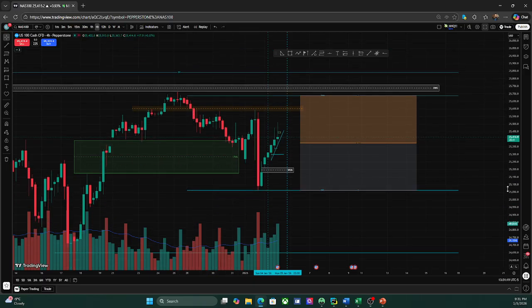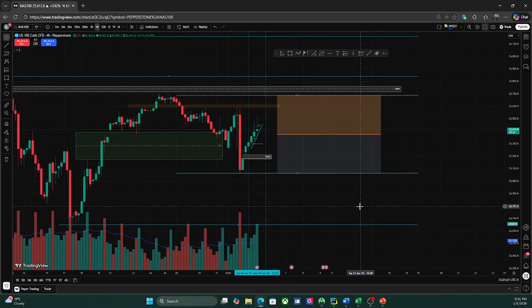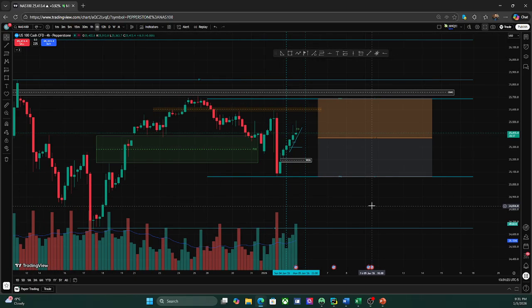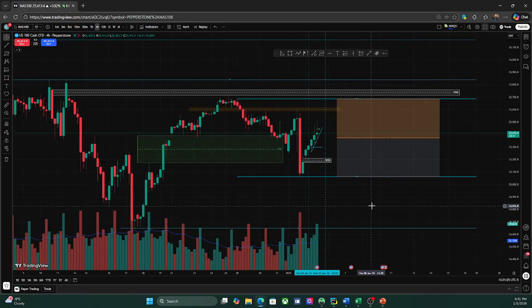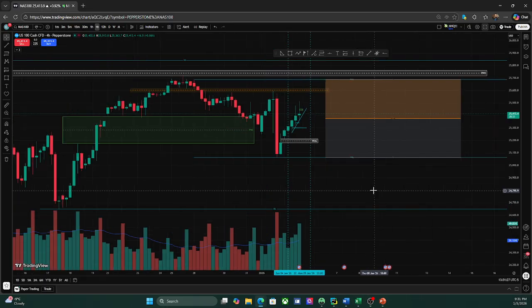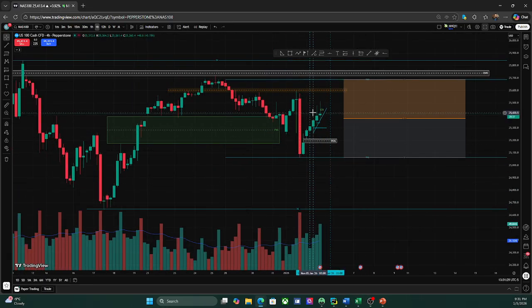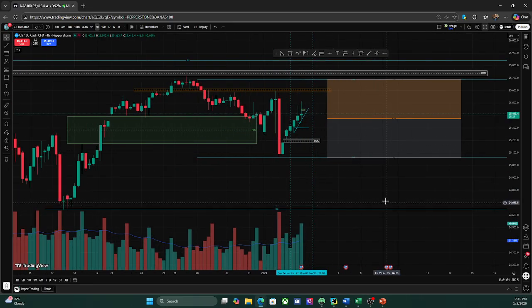Market structure, as we discussed before, is in accumulation. There is no high distribution, and I think that is because of the week.